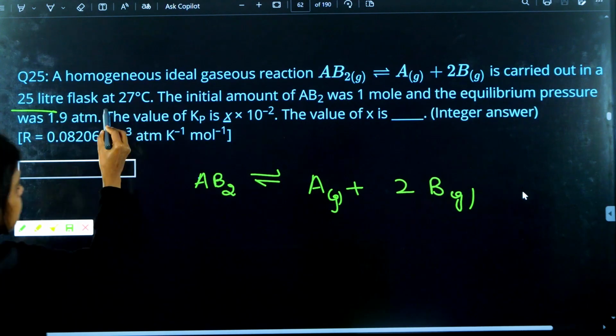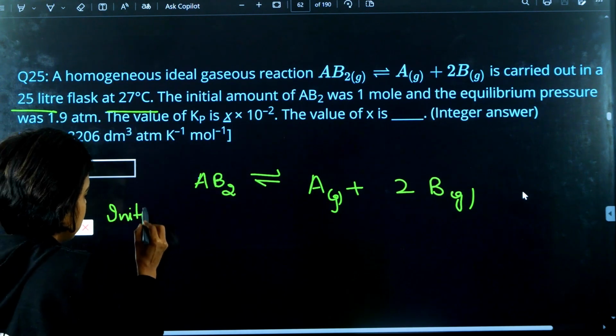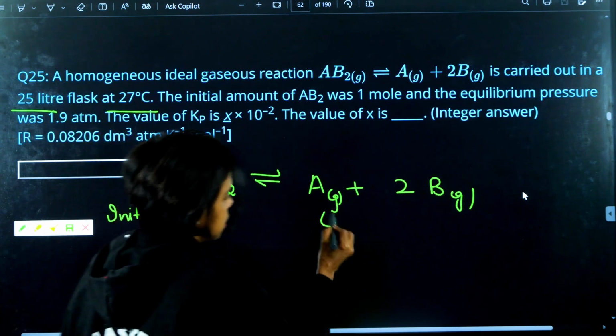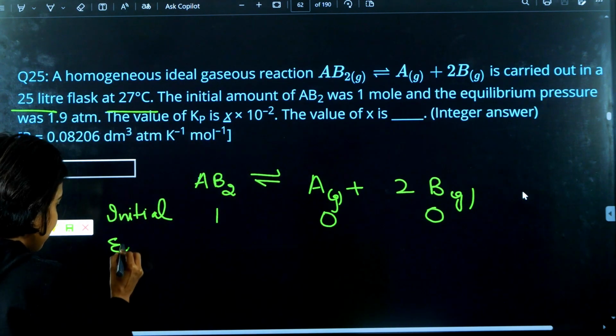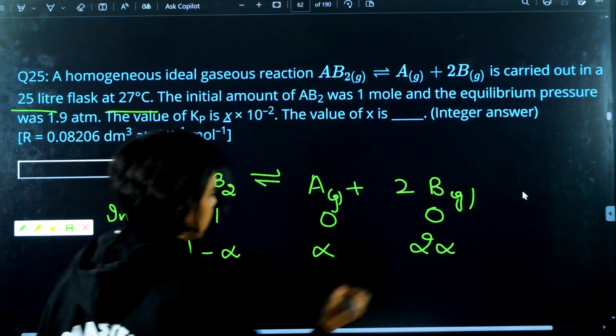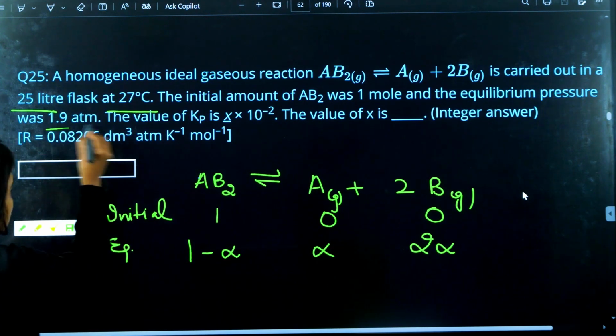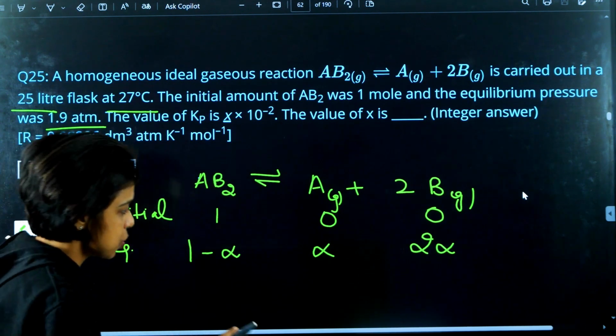The volume is given, the temperature is given. The initial moles, let me write, are 1, 0, 0. And at equilibrium it should be 1 minus alpha, alpha, 2 alpha. Alpha is the degree of dissociation. And the equilibrium pressure is given to you, 1.9.